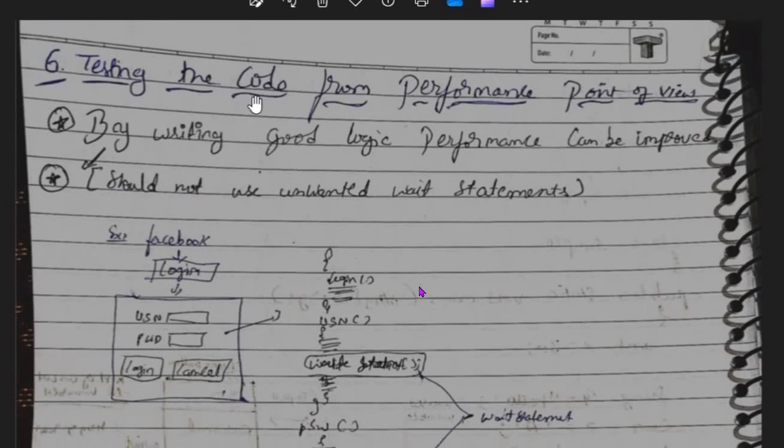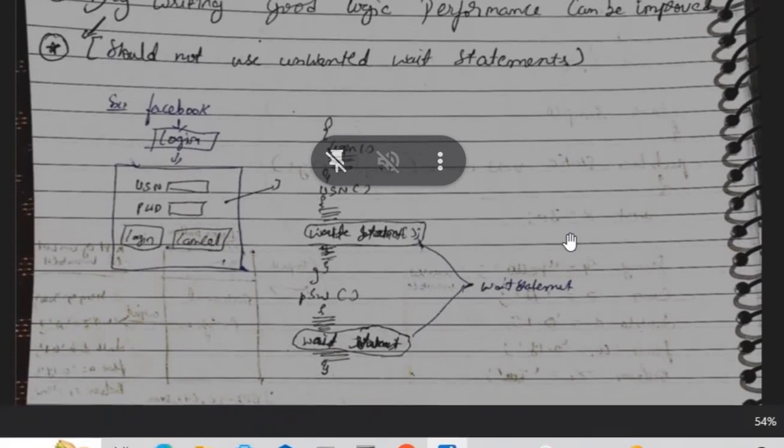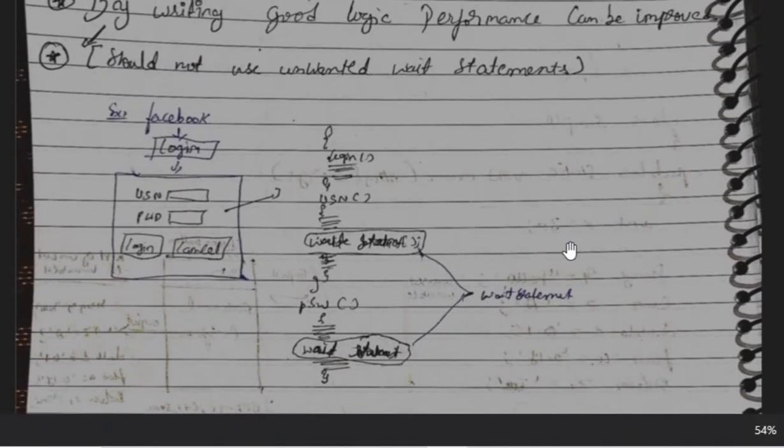For example, if we enter the Gmail and password and click on login, and the login page takes around 5 minutes, the performance is not good. If after clicking login it opens in 1 or 2 seconds, the logic is fine, the working is fine. So that's what they are doing here.